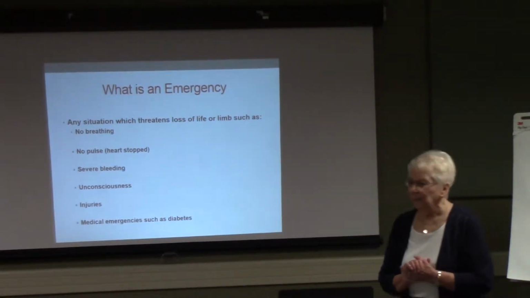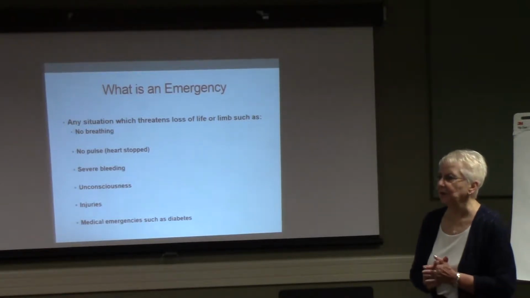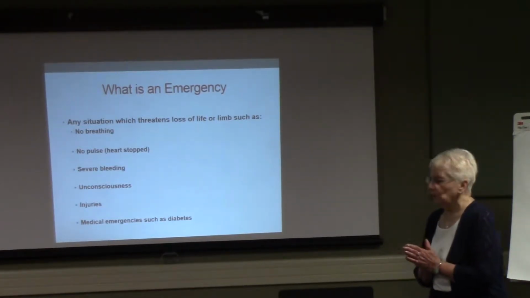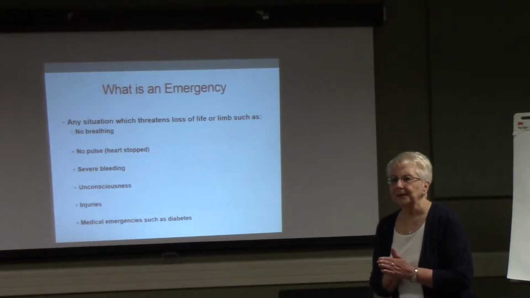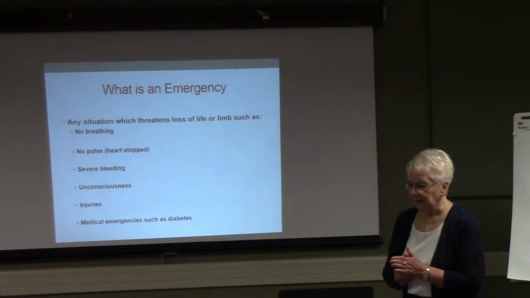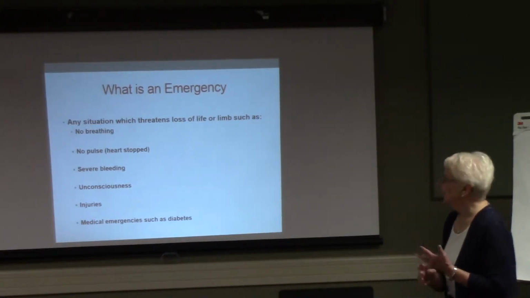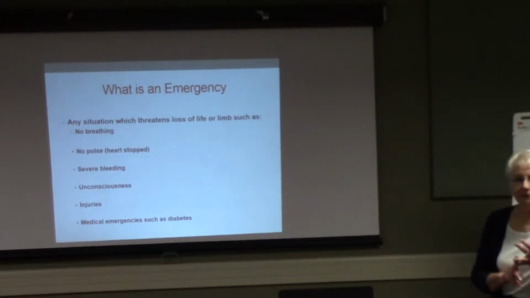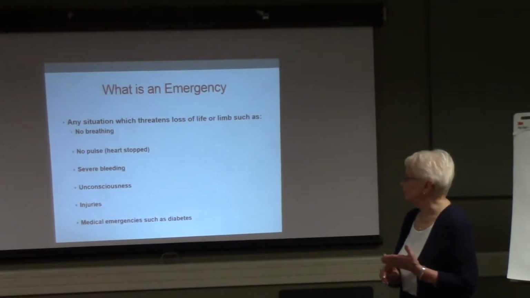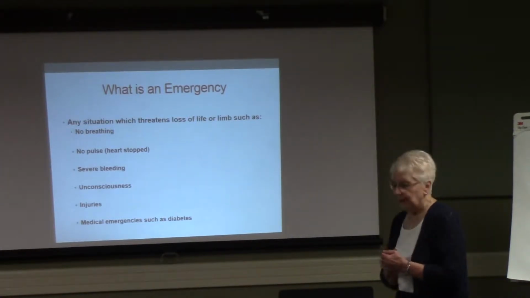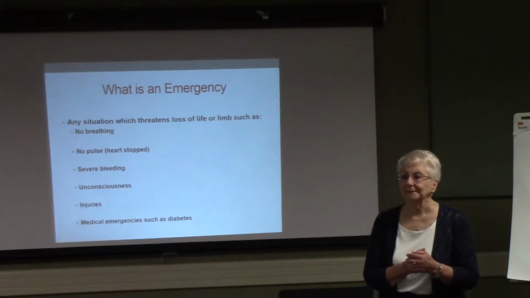Let's look at what is an emergency. Some things are, some things aren't. When we look at emergencies, we're looking for things where we need to act very quickly, like no breathing, no pulse, severe bleeding, unconsciousness, injuries, and medical emergencies such as diabetes.